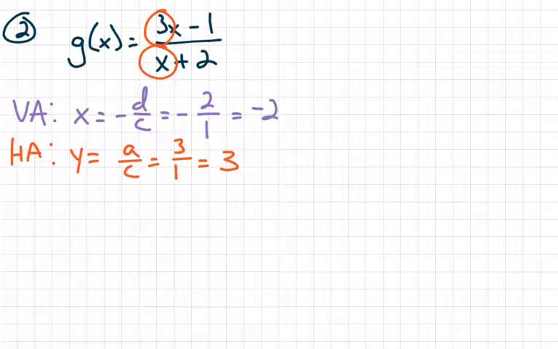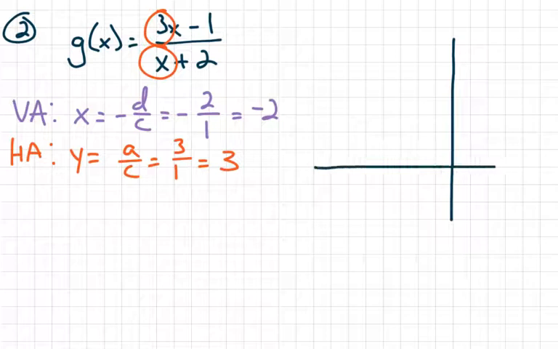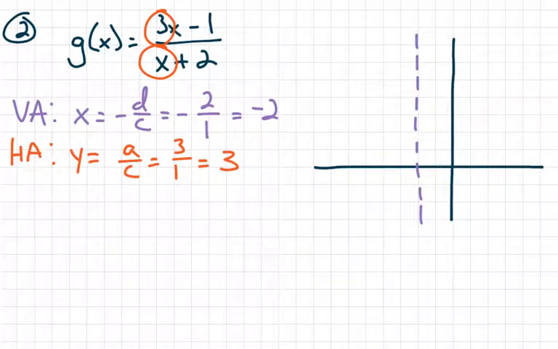My vertical asymptote is going to be negative 2, so I'm going to shift my y-axis over a little bit, and my x-axis is going to go down. Okay, so then when I draw in my asymptotes, my vertical asymptote is at negative 2, my horizontal asymptote is at positive 3. Hopefully now we can see maybe a little more of this picture.